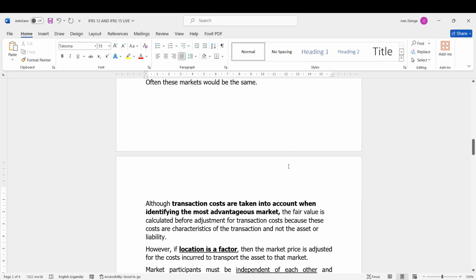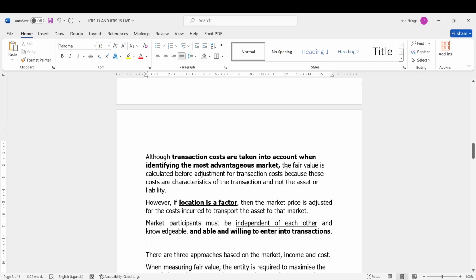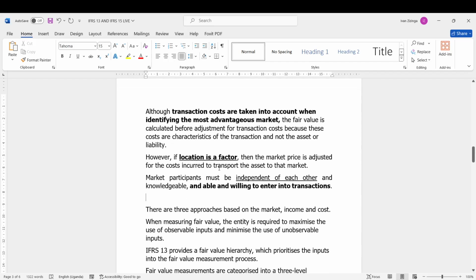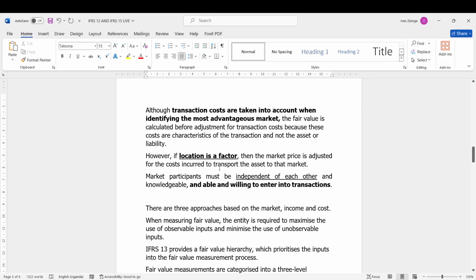It further gives us guidance on the hierarchy. You can have some transactions where there is an active market, just the way Ivan was asking. We have observable inputs and then unobservable inputs.